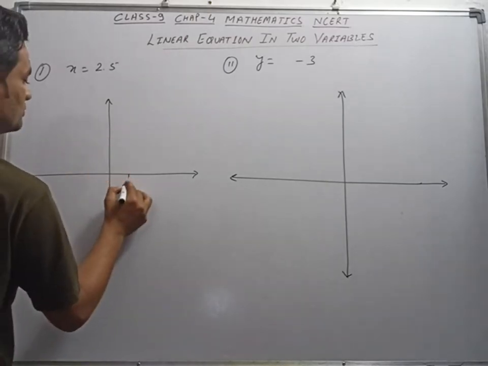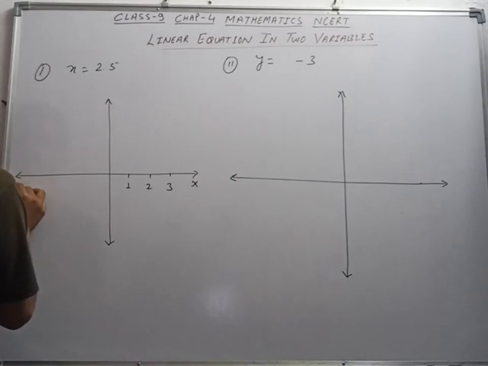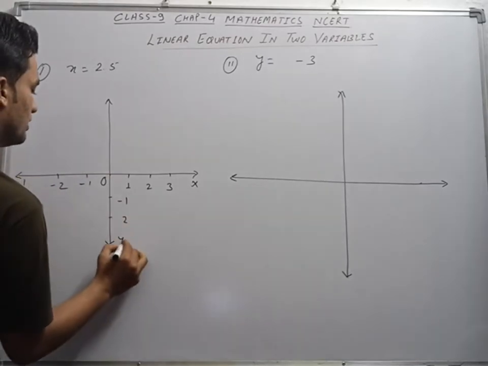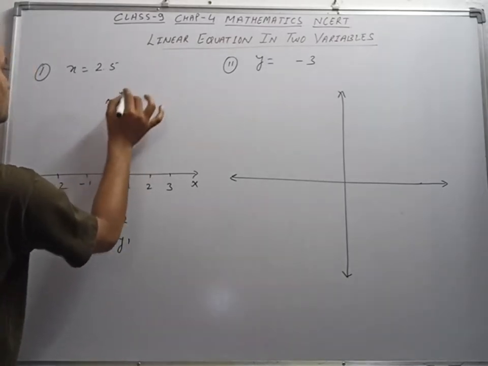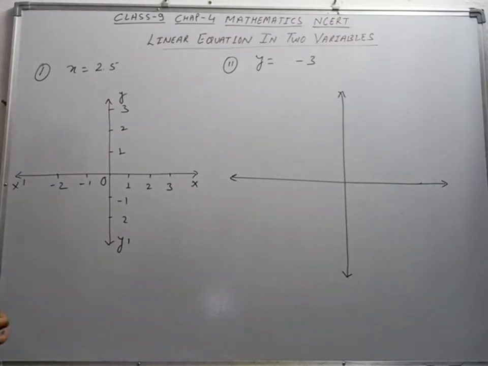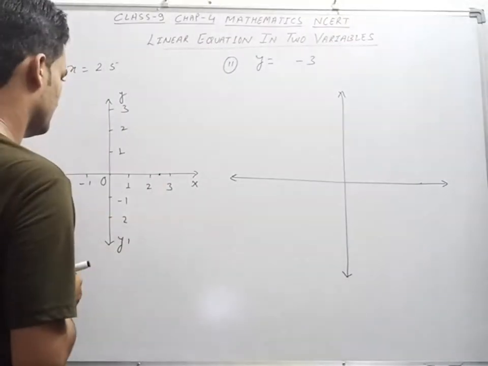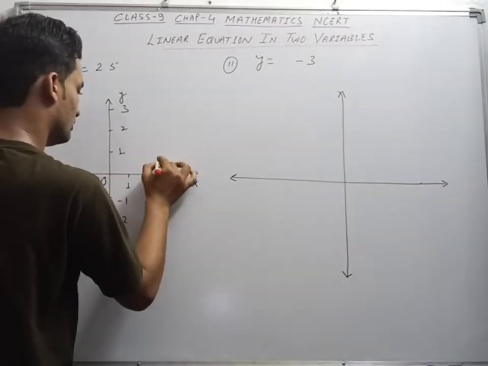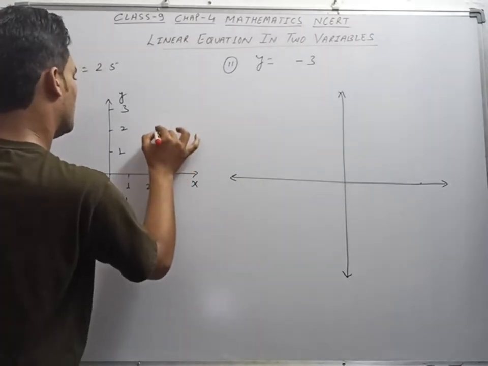Suppose this is 1, 2, 3 on x, x dash, minus 1, minus 2, this is 0, minus 1, minus 2, y dash, 1, 2, 3, this is y. So x is 2.5, somewhere here. From 2.5 I am showing a dotted line.